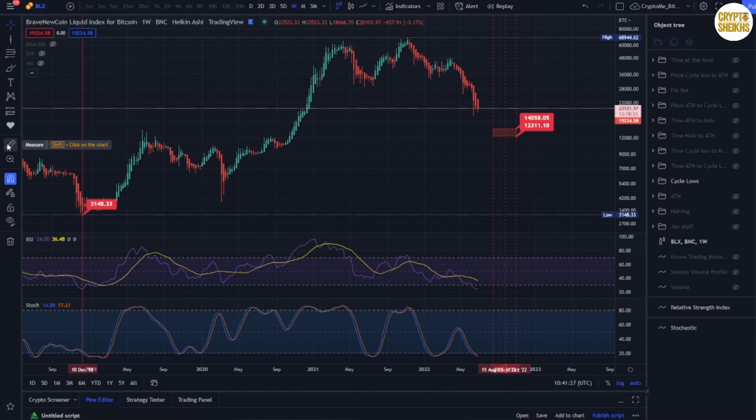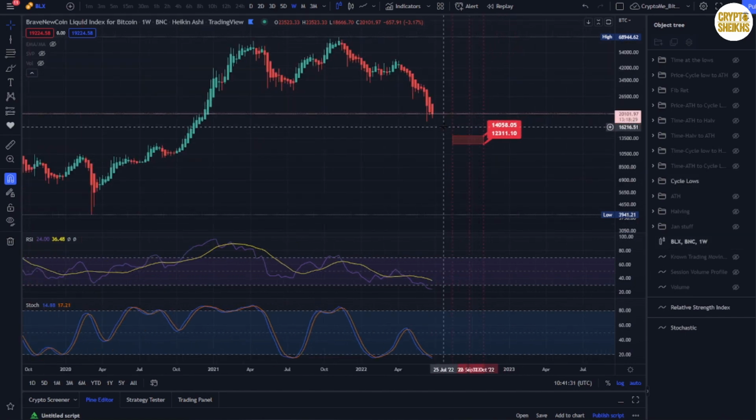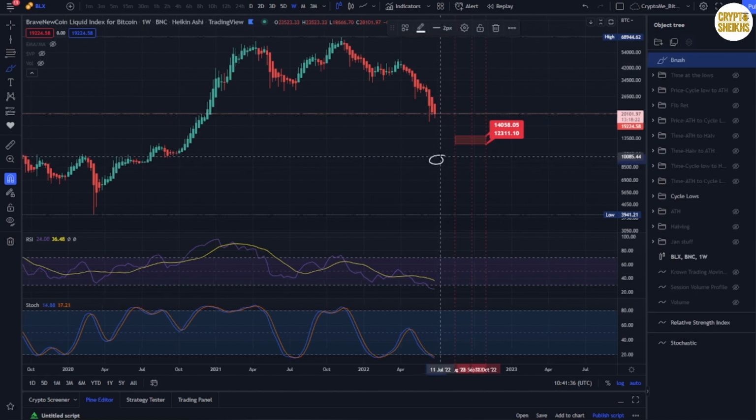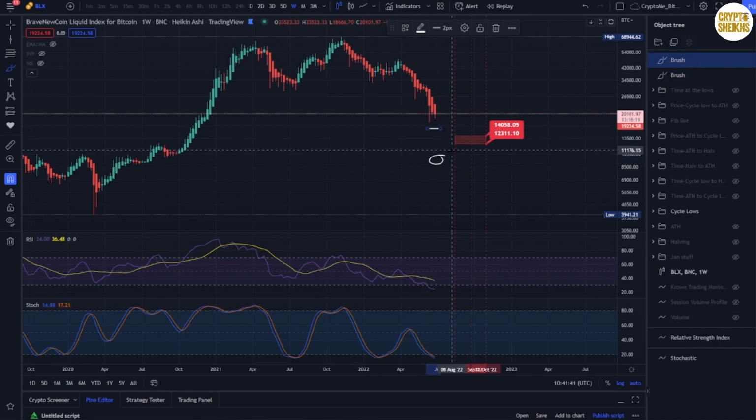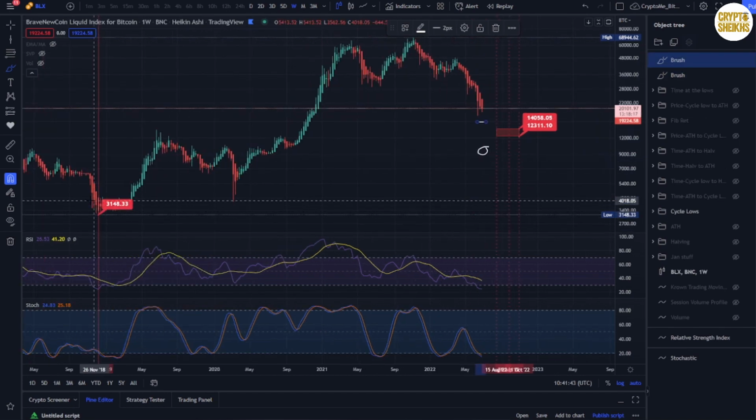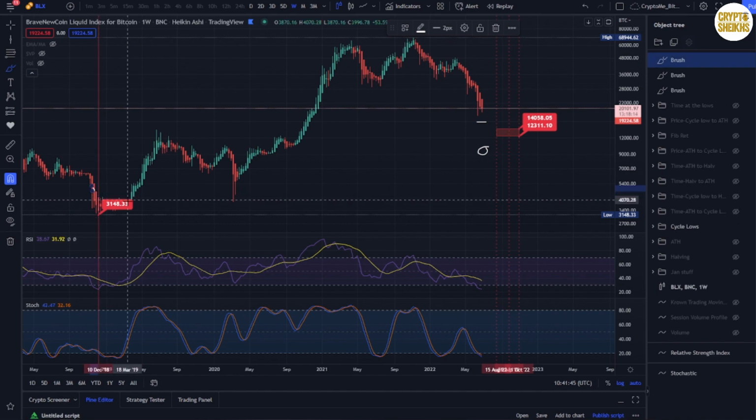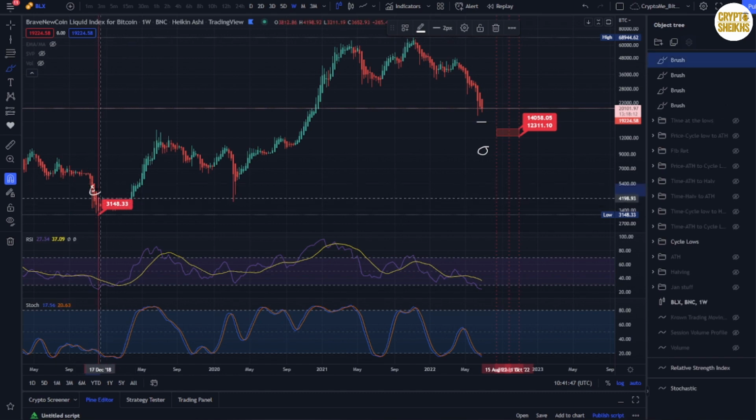My average is 12. It goes down to 8, I add more. Let's say it goes to here, to 10,000, 9,000, and my average buy is 15. That's perfect, because my average buy is here.